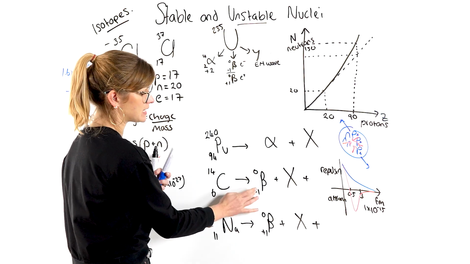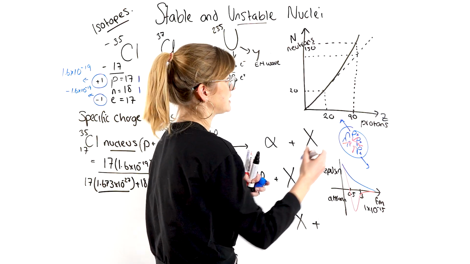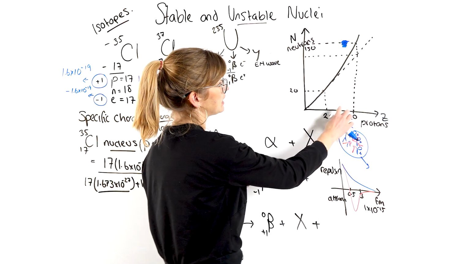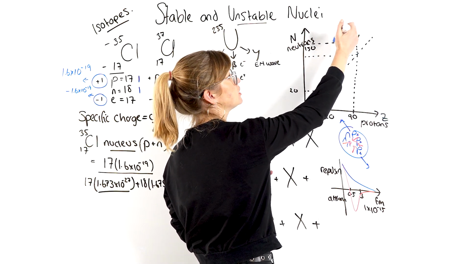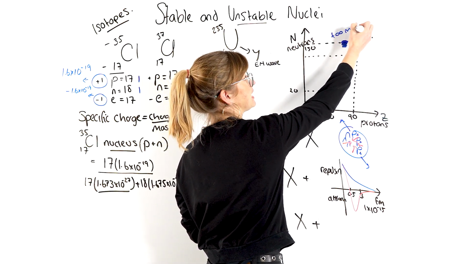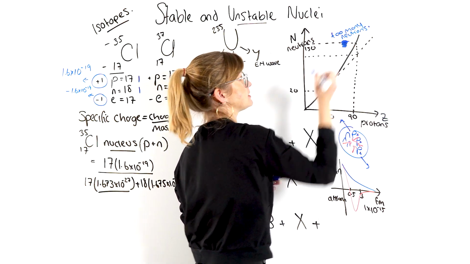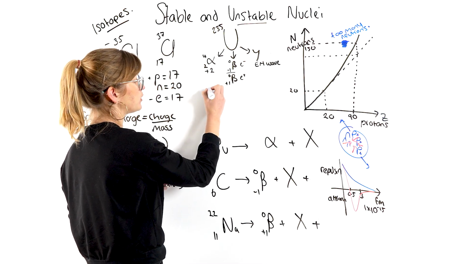To see which type of decay occurs, we have to see where the element falls. Let's say the element falls here on this side of the stability line. Clearly what that tells us is we have too many neutrons. We're on the side of too many neutrons. So there has to be some way to get rid of that neutron.